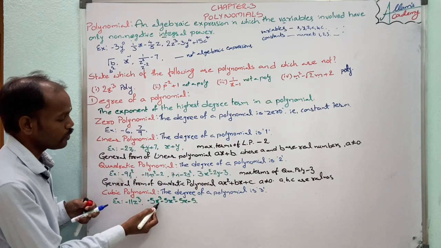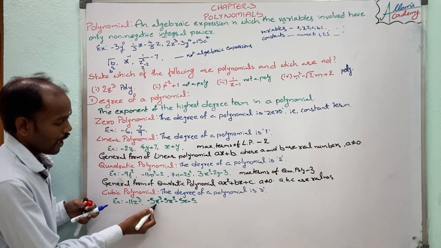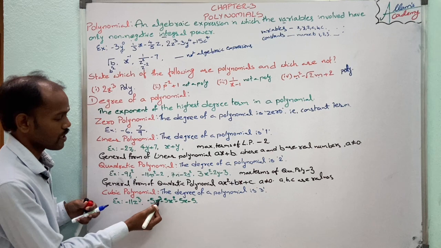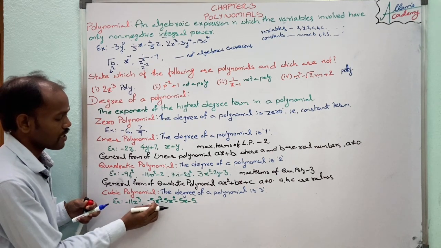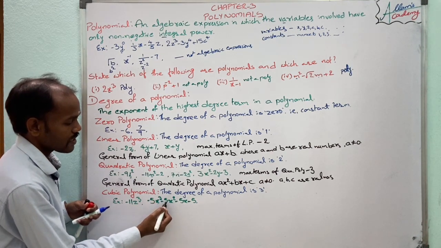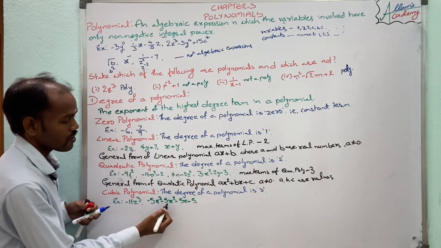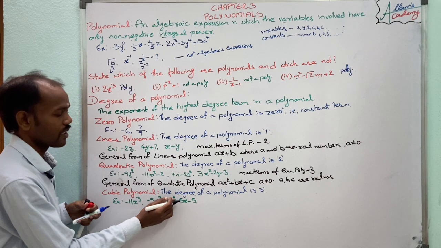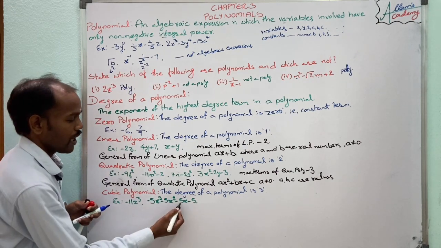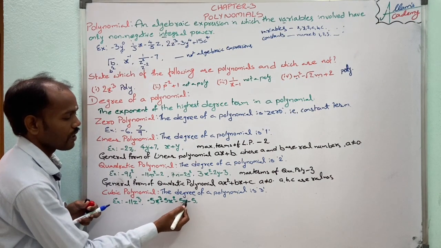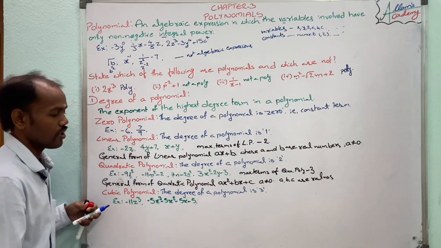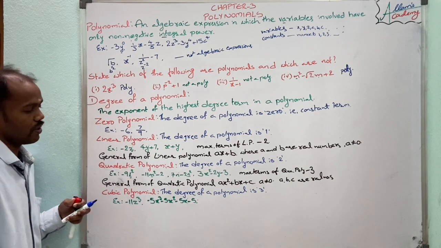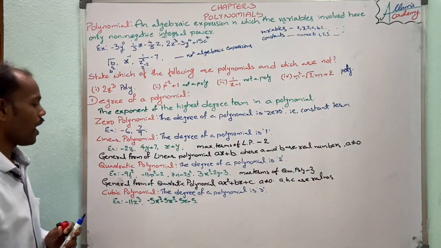In the first term, minus 5x cube, the variable is x and it has the exponent 3. So this term's degree is 3, and the second term, 5x square, the variable is x and its degree is 2. Next, minus 5x term has degree 1, minus 5 has degree 0. So the highest degree of all these terms is 3. So it is a cubic polynomial.